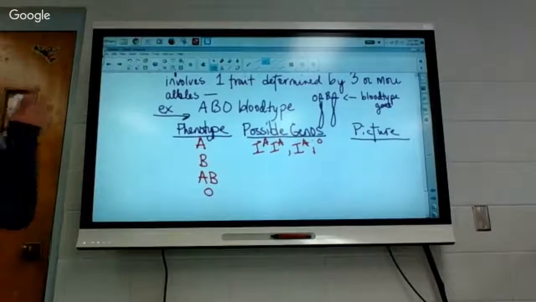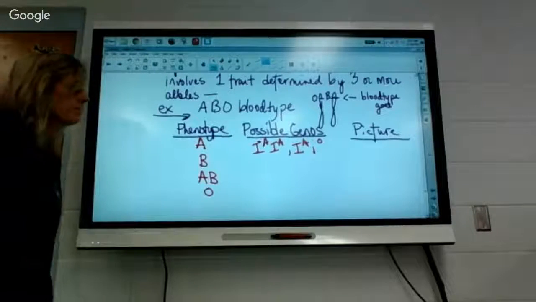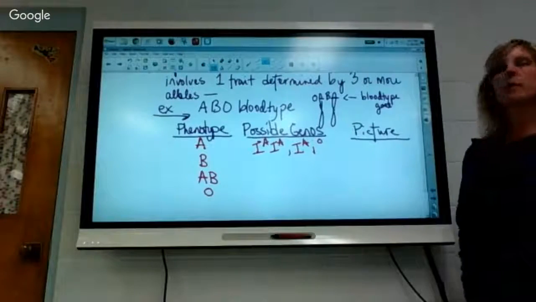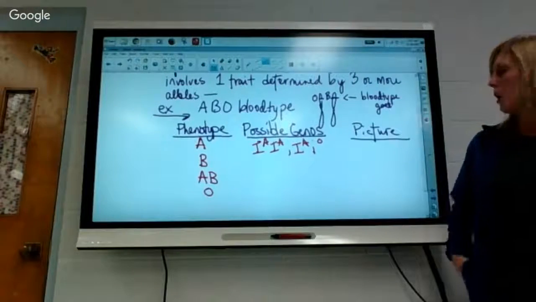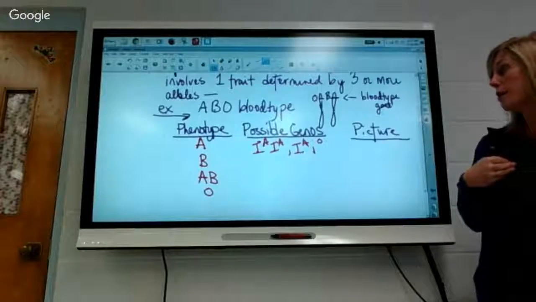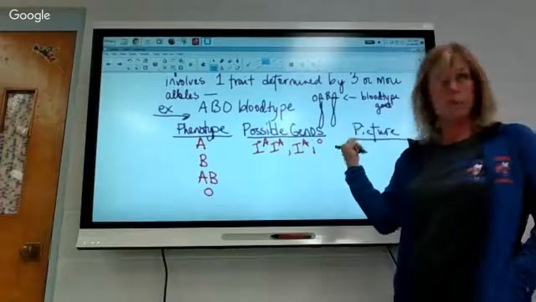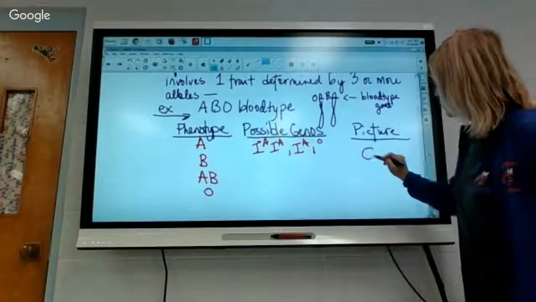You can or can't. It doesn't matter to me. Y'all are smart enough to remember, but usually I do it at the beginning just so everybody remembers what it means. So when we're doing the problems, we're going to ditch the I's and just write the AA or the AO. Okay. So here's the picture.